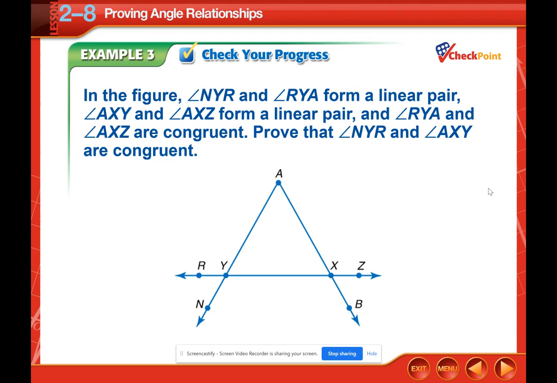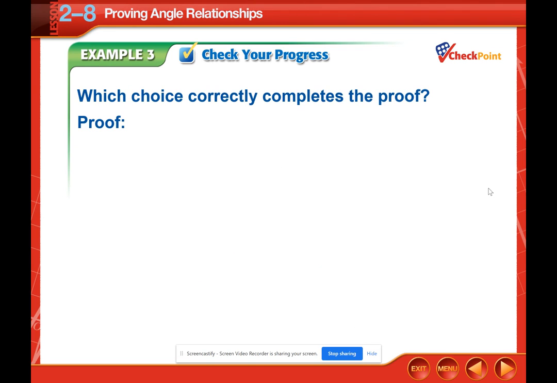And we are told that RYA and AXZ are congruent. We need to prove that NYR and AXY are congruent. So we need to figure out which completes this proof.